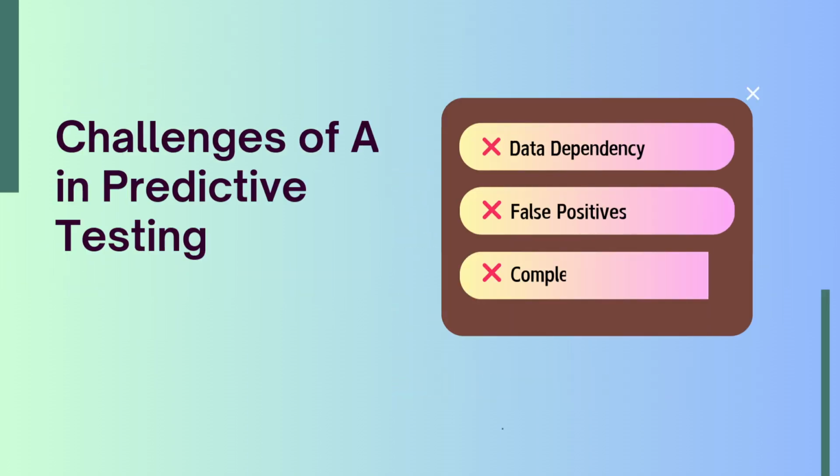So next is challenges of AI in predictive testing. AI sounds amazing, but it's not perfect. Let's discuss some of the challenges teams face when using AI for predictive analysis and testing. One is data dependency.